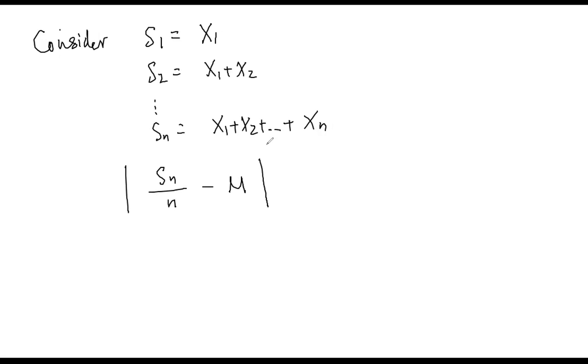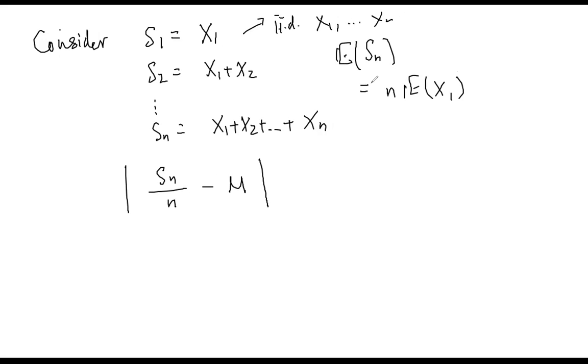If you take the expectation of Sn, this is equal to n times the expectation of X1, because here you have IID X1 until Xn. Since they are IID, you can use one of them. Suppose the expectation of X1 is equal to mu. So this becomes n mu, and therefore the expectation of Sn over n is mu.